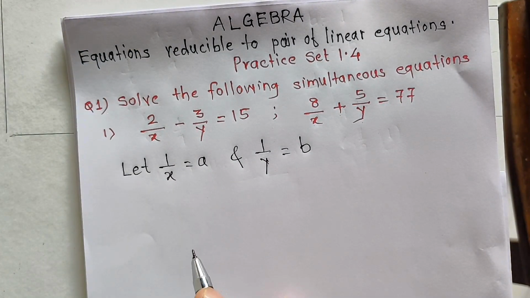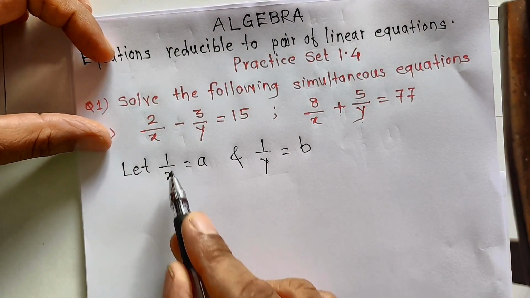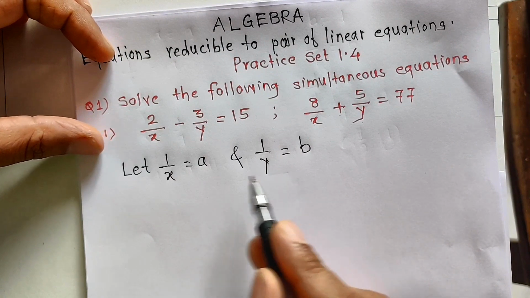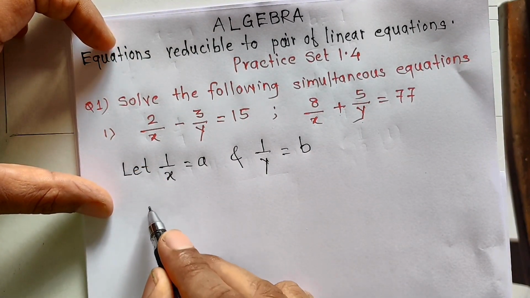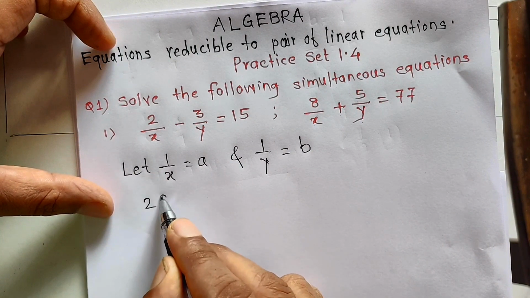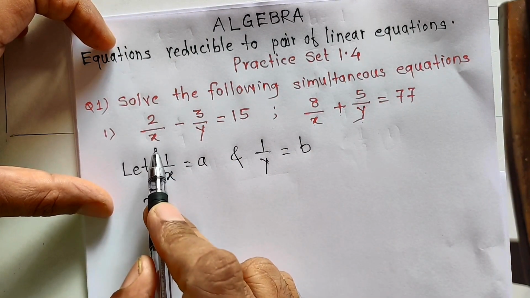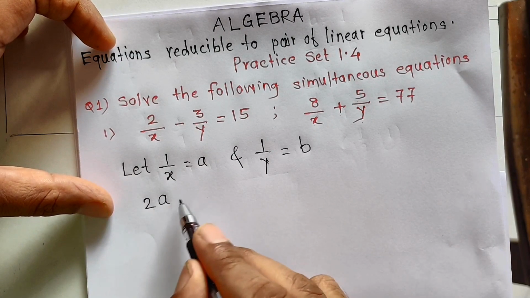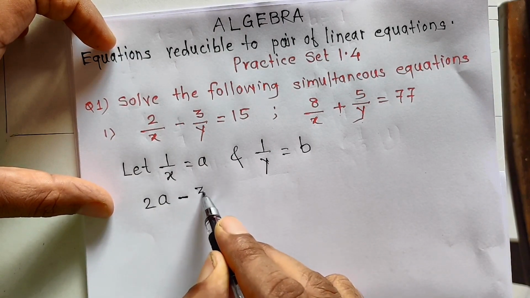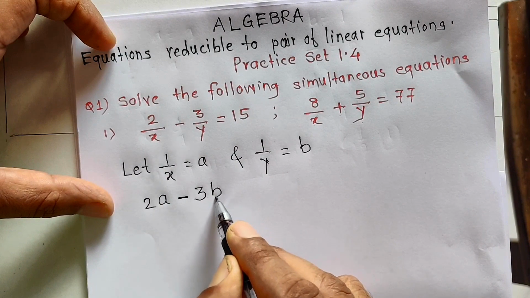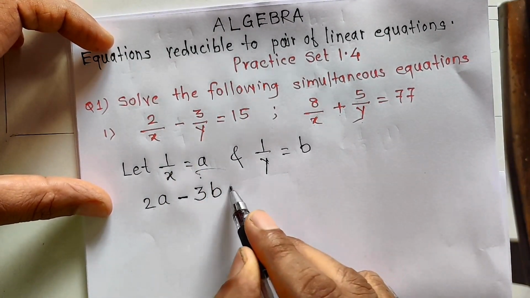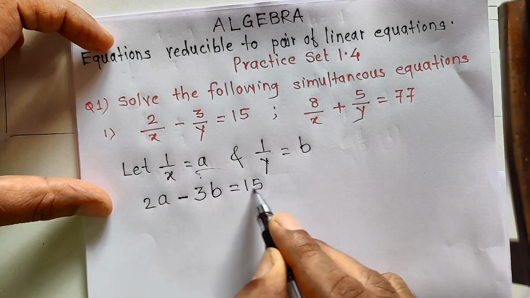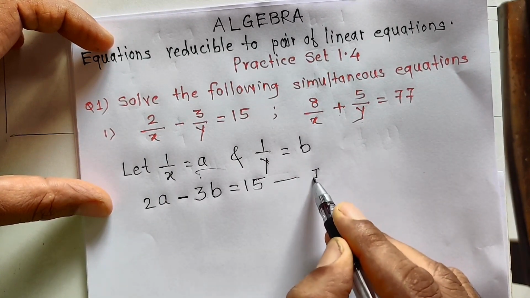Now substitute these values of a and b instead of 1 upon x and 1 upon y in both equations. So the first equation becomes 2a, 2 into 1 upon x means 2a, minus 3b, 3 into 1 upon y, so 3b is equal to 15. This is equation number 1.